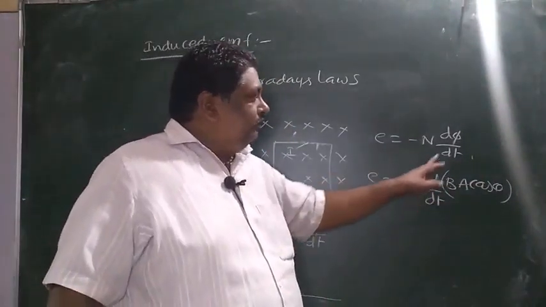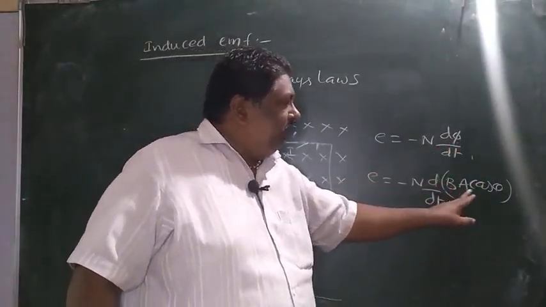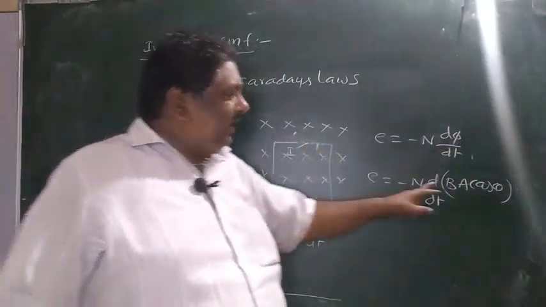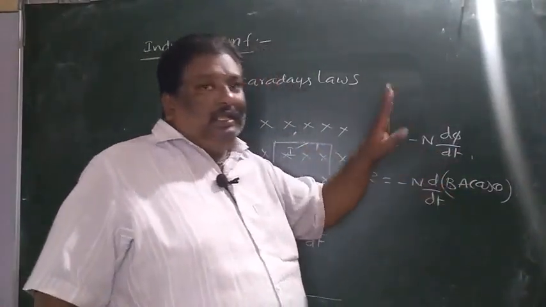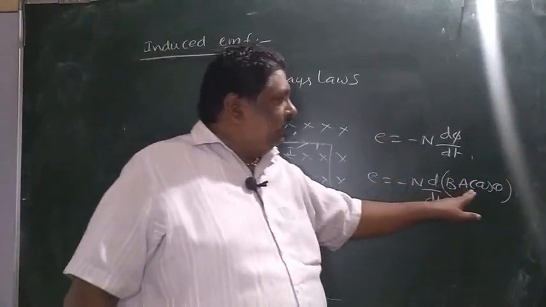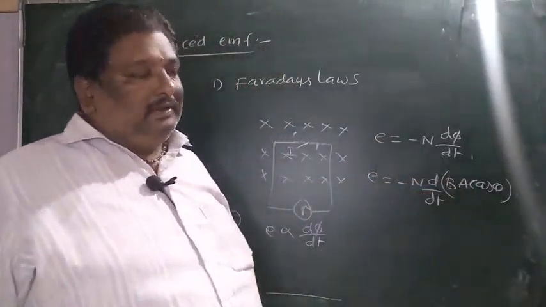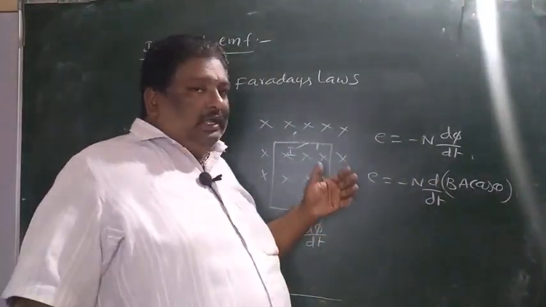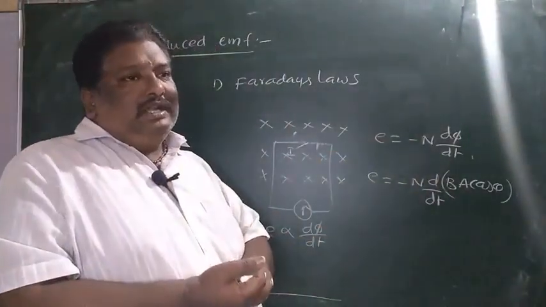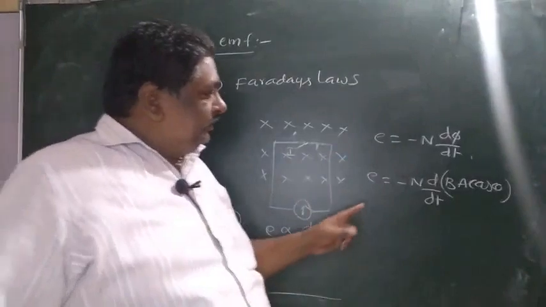N into phi, with phi equal to BA cos theta. B means magnetic field, A means the enclosed area, and theta is the angle between the area vector and the magnetic field. Now suppose you want to generate electricity. How many ways?